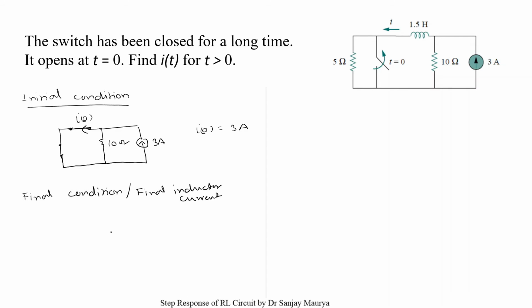Now the switch is open, so the 5 ohm will come in the picture. t is equal to infinite, so the inductor will again be short circuited for t equal to infinite. So I am making this one a short circuit. And this is 10 ohm. And here again I have the 3 ampere source.